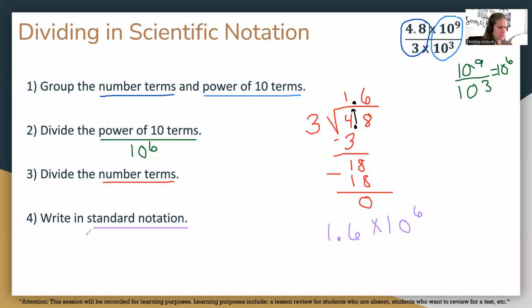That should say scientific notation. Sorry about that. So is this in proper scientific notation? It sure is, because that coefficient right here, that number term, 1 6/10, is greater than or equal to 1 and less than 10, giving us our final answer.